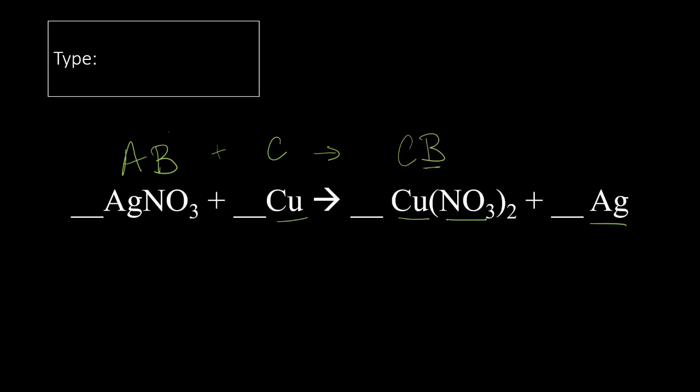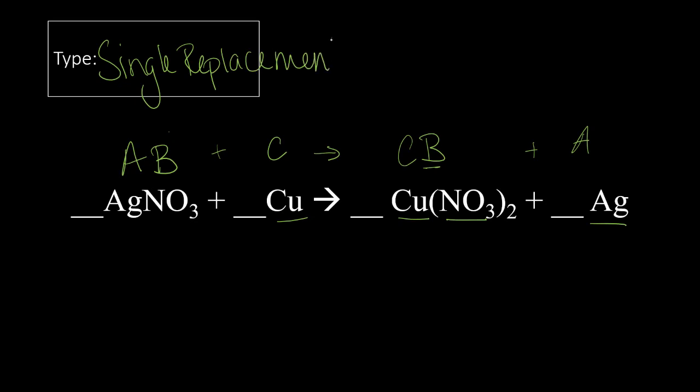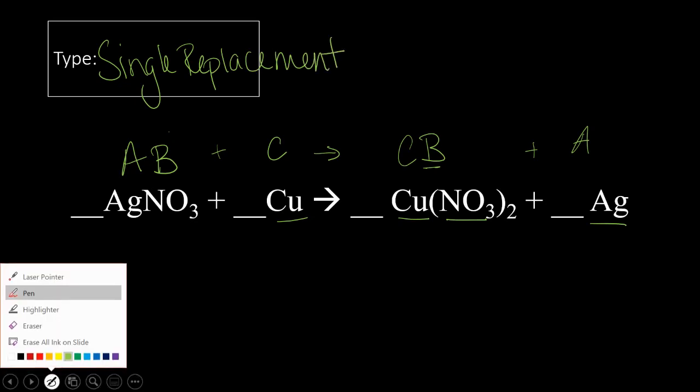C is now, copper is now with nitrate, and silver is all by itself. Silver got kicked out of that compound. So this is another single replacement reaction. So now let's do our balancing.